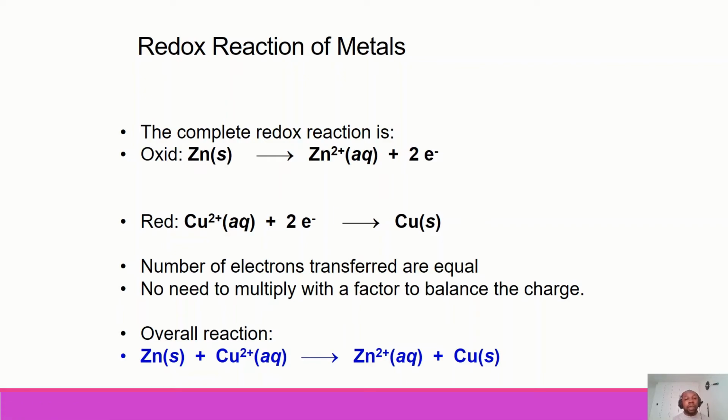So the number of electrons transferred is equal: zinc is losing 2 electrons while copper is gaining 2 electrons. The overall reaction is zinc in its elemental state combining with copper 2+ to give zinc 2+ and copper. Zinc moving from 0 to 2+ is oxidation, and copper moving from 2+ to 0 is reduction.